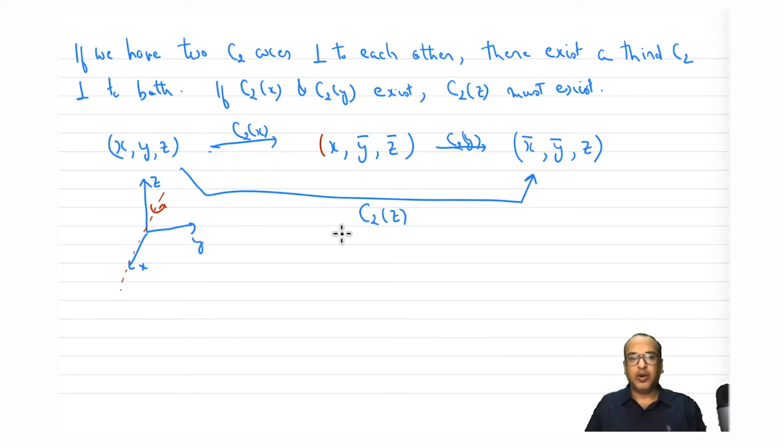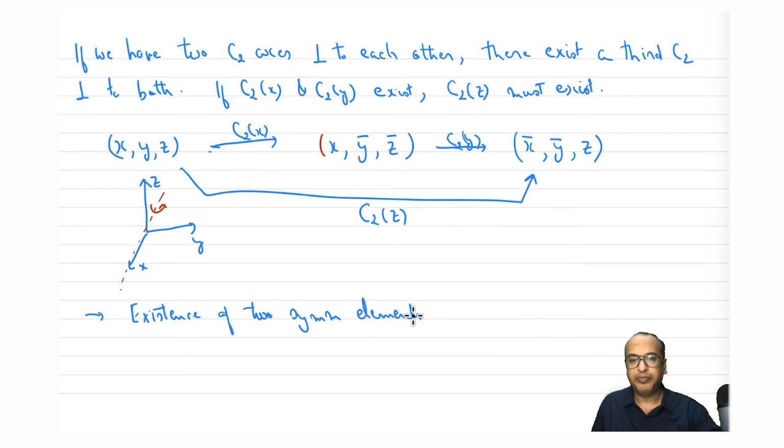This is called the product or combination of symmetry operations. That means the existence of two symmetry elements may automatically require a third one to exist.